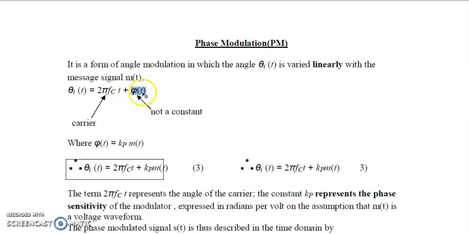This phi t is not a constant, it is a function of time when we are considering phase modulation.